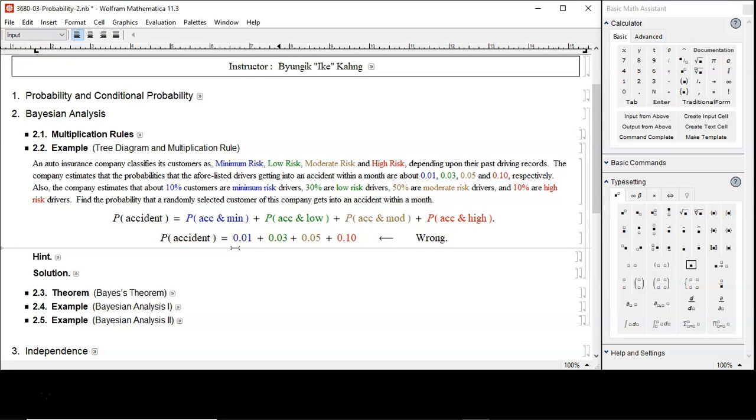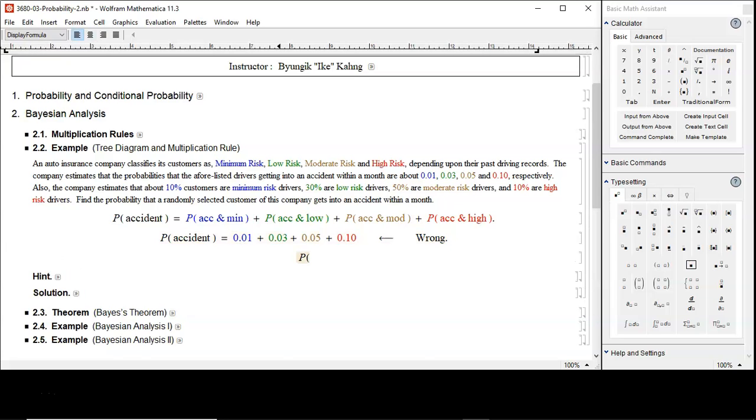What are these numbers then? It's these. Accident given moderate, accident given high.